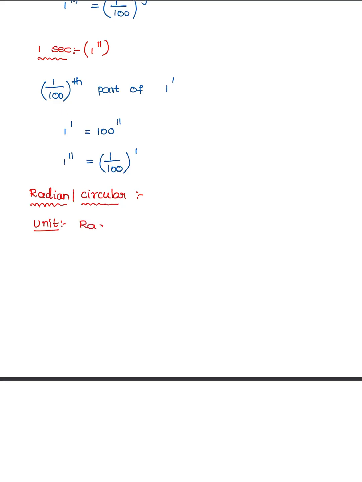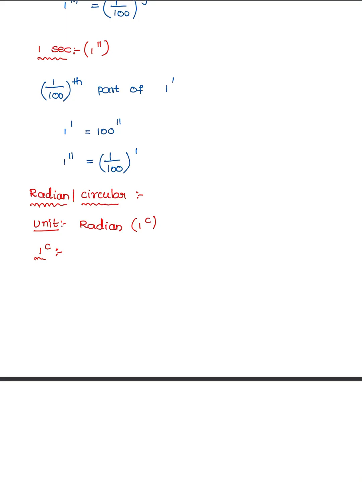So 1 radian we can write as 1 to the power of c, that means circular measure. We can write it like this, 1 c. That is 1 radian. And what is 1 radian exactly?